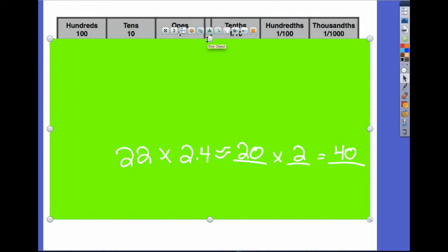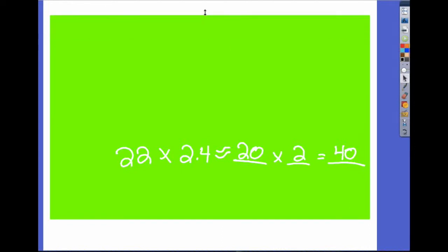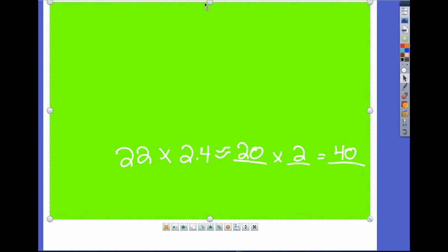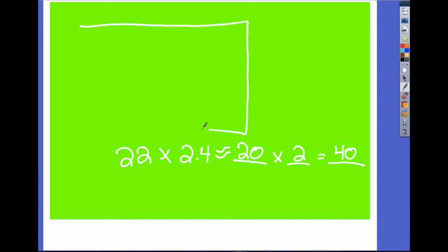Do the area model the same as you've done the others, except you're going to write something different this time when you do it. So make sure you're doing this on problem set. Now look at your place value chart.